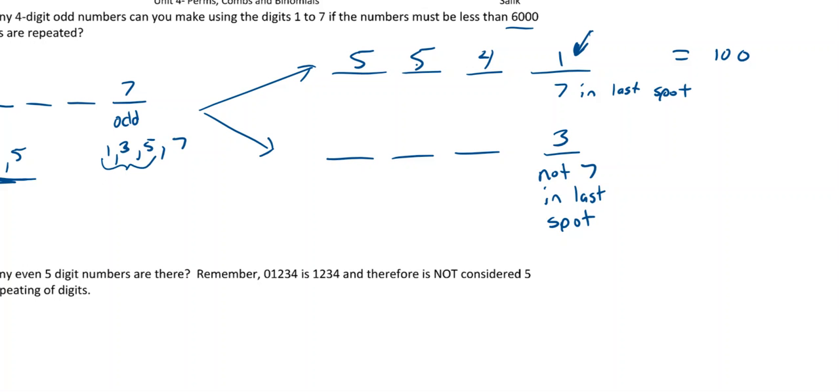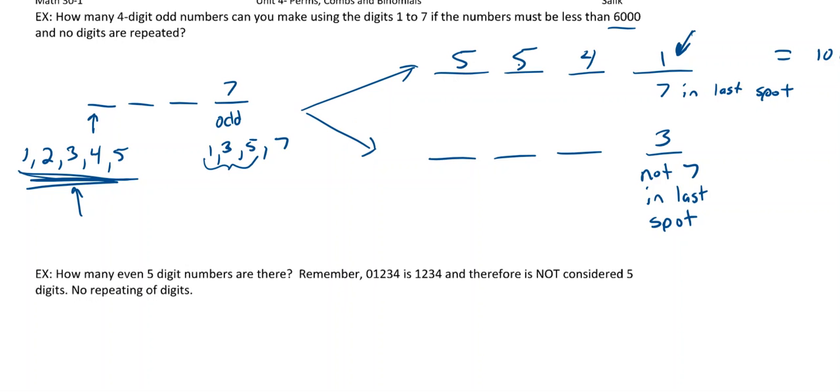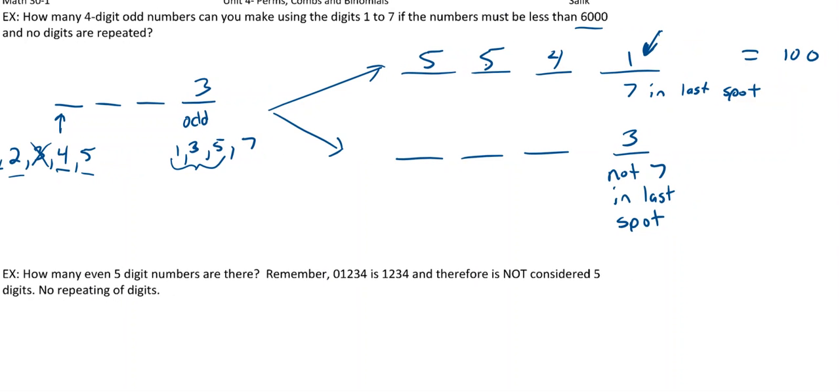But now, if I've chosen 1, 3, or 5 for this last spot, let's say I chose 3, then 3 is off the table and I can't choose it. So how many do I have left? I'm only going to have 4. So this is 4 for that one, because I've chosen one of the ones on the end.